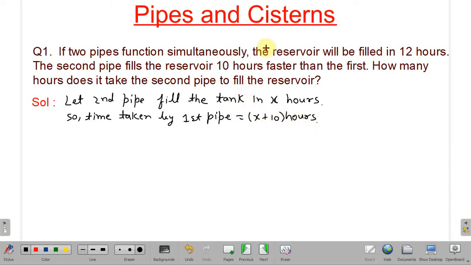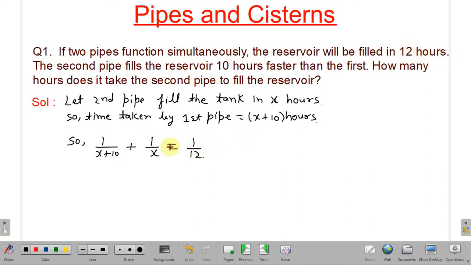And it is also given that when both pipes are working simultaneously, the reservoir will be filled in 12 hours. So in 1 hour, how much part of the reservoir will be filled? That is 1 by 12. So the part filled by the first pipe in 1 hour is 1 by X plus 10, and the part of the tank filled by the second pipe is 1 by X, and this is equal to 1 by 12, because it is given that when both are working simultaneously, in 12 hours both pipes can fill the reservoir.